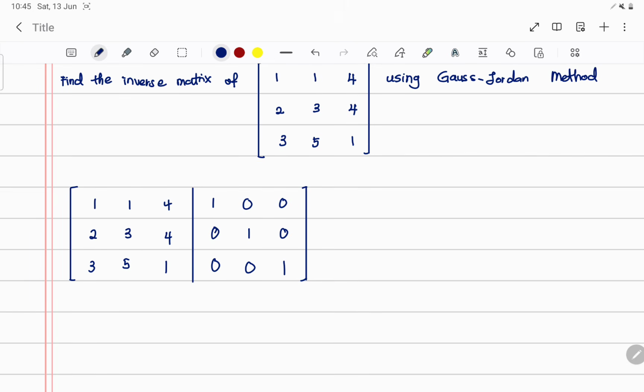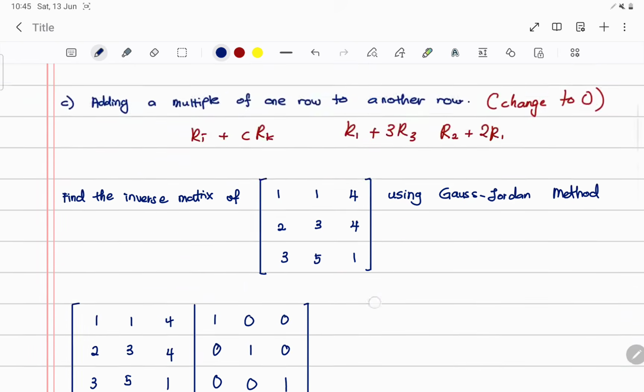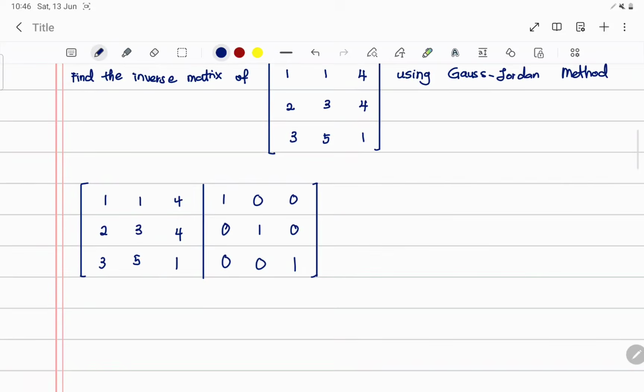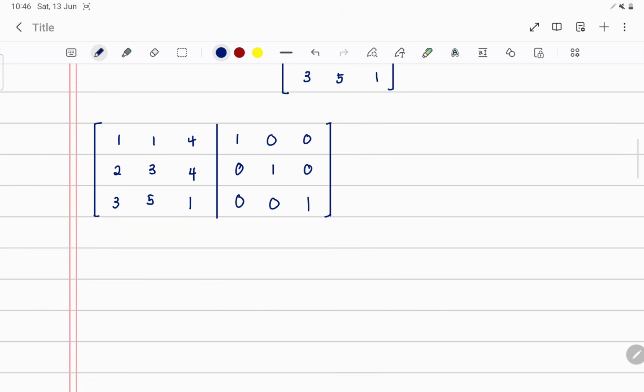Then you apply all 3 rules where suitable. Your main goal is to change the left side into the identity matrix, 1, 0, 0, 0, 1, 0, 0, 0, 1. After you manage to change the left side into the identity matrix, the answer that you get on the right side will become the inverse matrix.